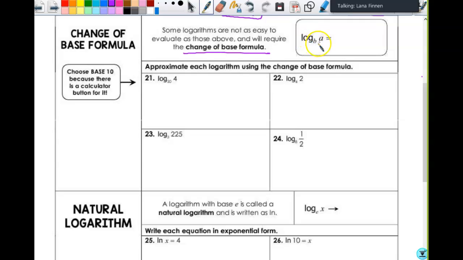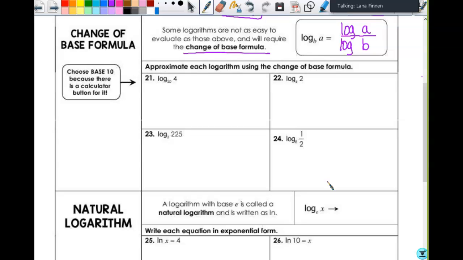So if I have log base b of a, another way to write this is as a fraction with a log in the numerator, a log in the denominator, and they're both base 10. So then you just have to get the a and the b in the right place. And it's pretty easy to do because the b, which is the base, goes on the bottom, and the a goes on the top. So if you just think the base goes on the bottom, you can knock these out all day long, no big deal, okay?